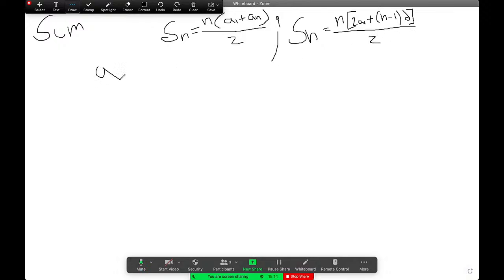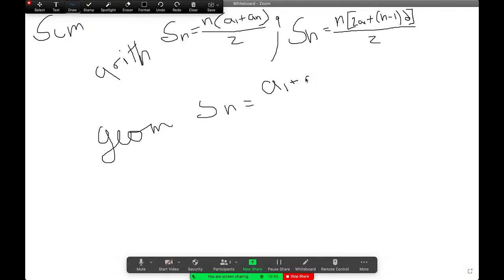Now for a geometric sequence. I didn't get what you said. Can you say it again? A_n raised to the n. Okay, so you got it kind of right.